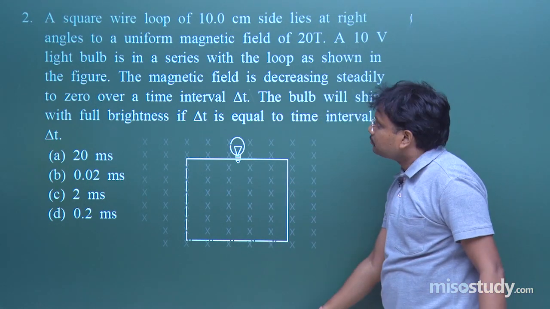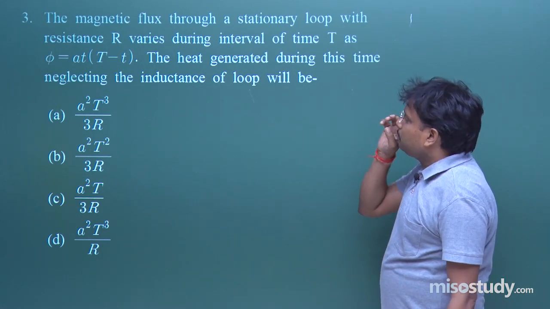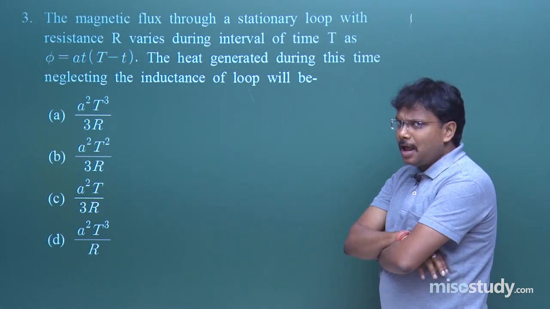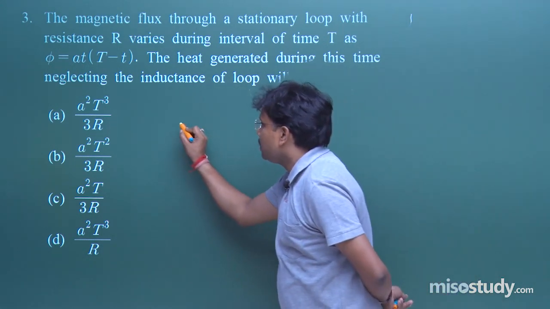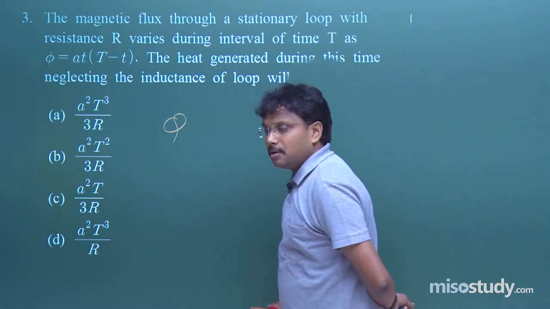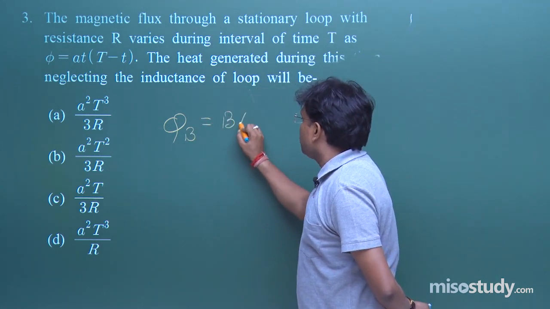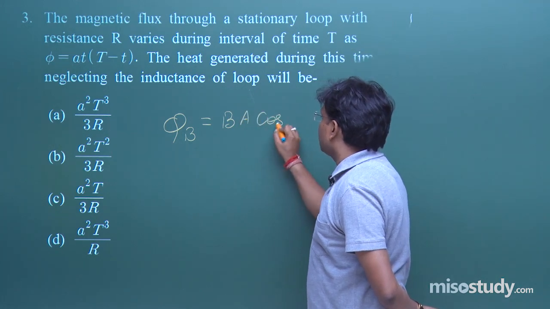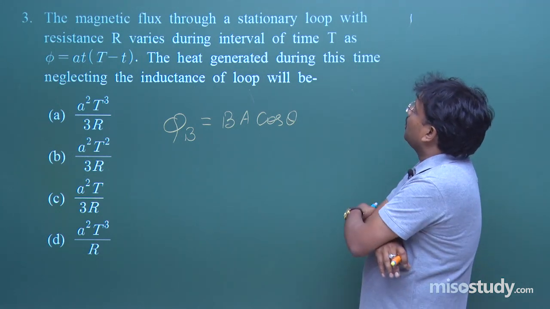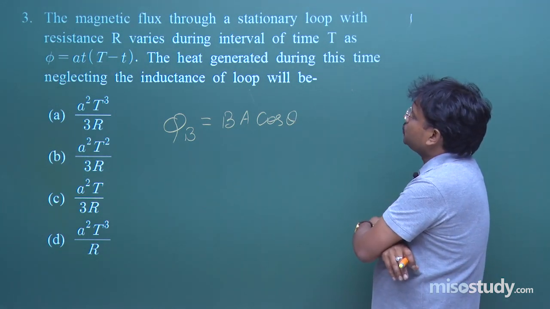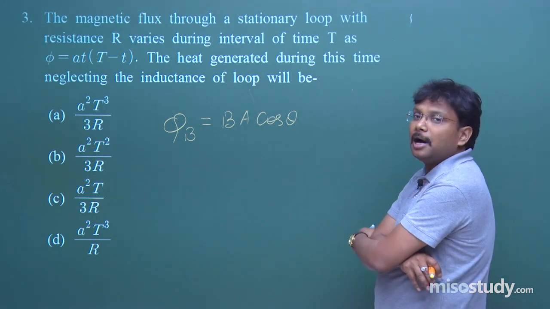So, here comes question number 3. Now, the magnetic flux, this sentence brings to your mind phi B is equal to B A cos theta. This formula should come to your mind anyway. With resistance R, it varies during an interval of time t as phi is equal to AT into (t minus T).